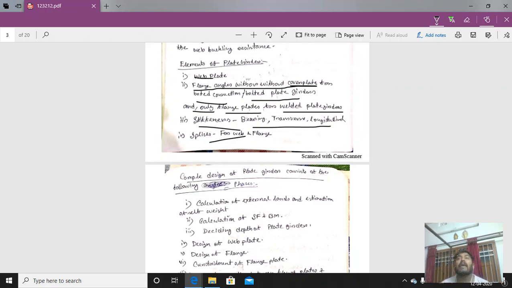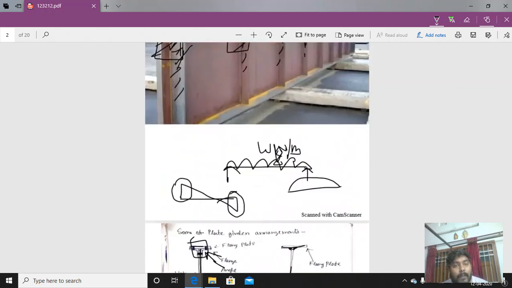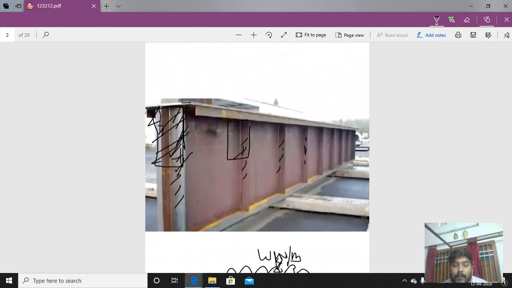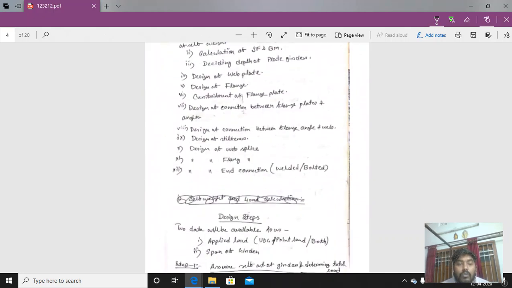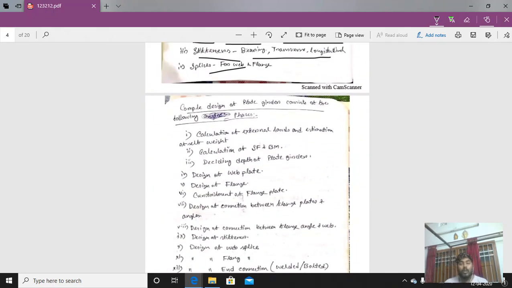So these are the various elements present in a normal plate girder. You can see in the picture: this is the flange plate, this is the web plate, this is the bearing stiffener, and this is the transverse stiffener.